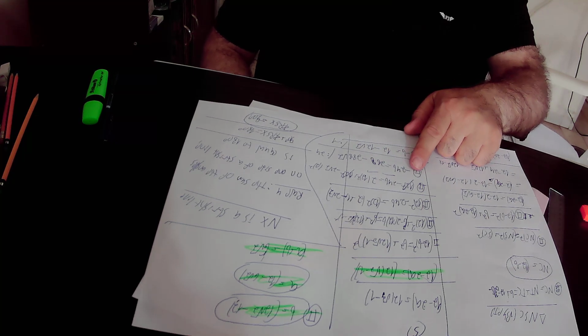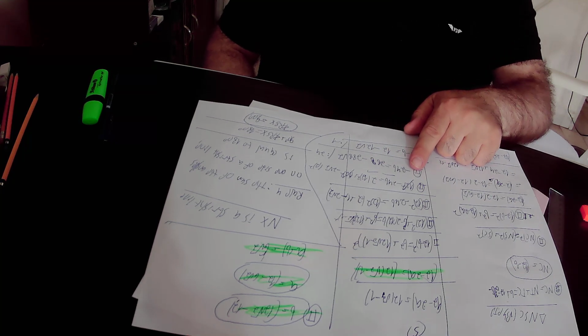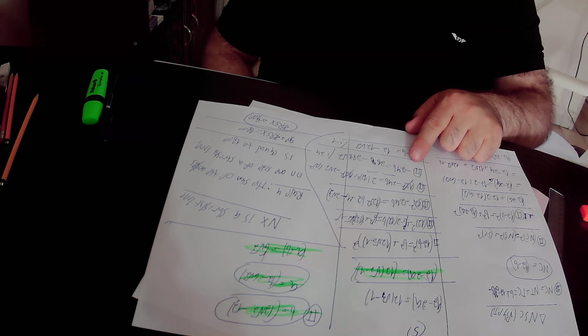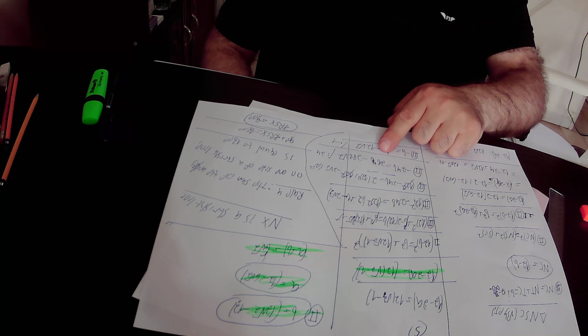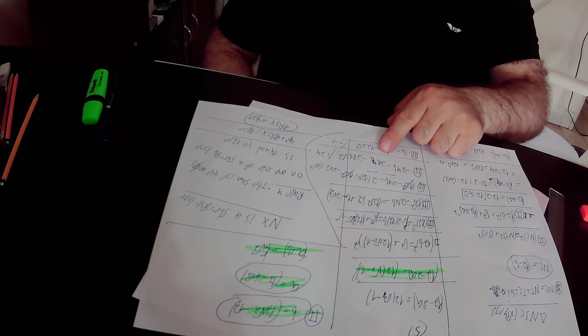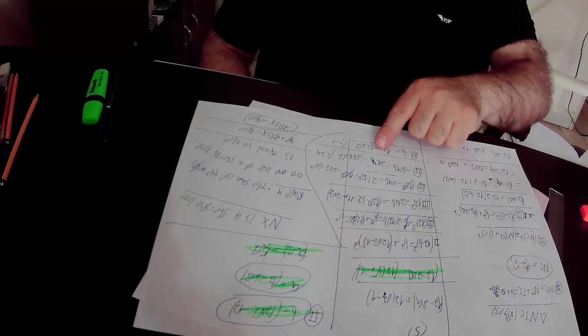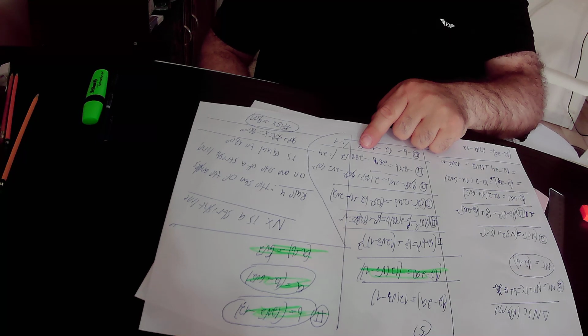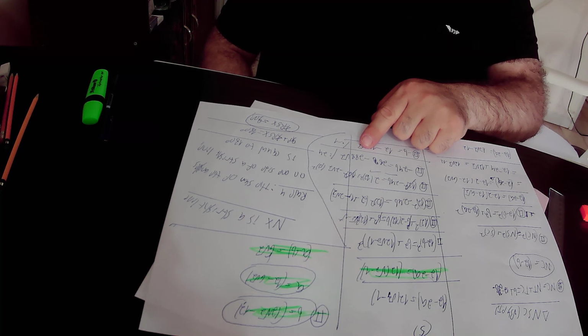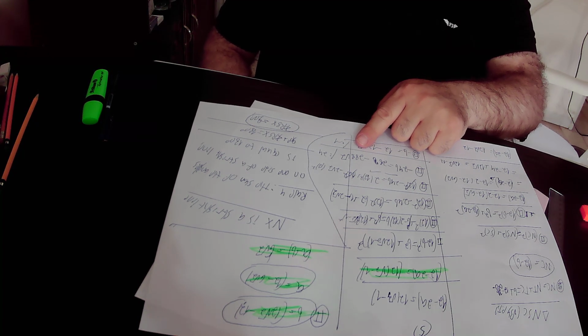We have 12 square on both sides of the equation, so 12 square will get cancelled, and we are left only with minus 24B, that equals 12 square is 144, 144 times 2 is 288, and we have minus 144 times 2 times square root of 2, that is minus 288 times square root of 2.